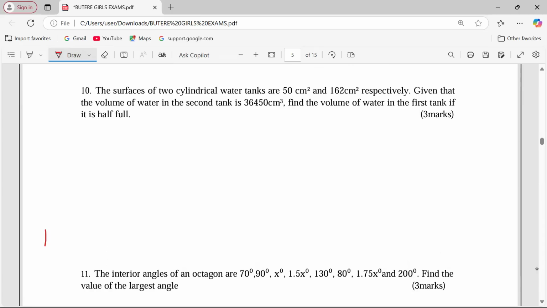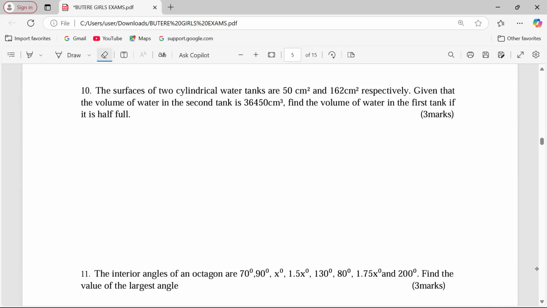Number 10 now. The surface areas of two cylindrical water tanks are 50 square centimeters and 162 square centimeters respectively. Given that the volume of water in the second tank is 36,450 cubic centimeters, find the volume of water in the first tank if it is half full.